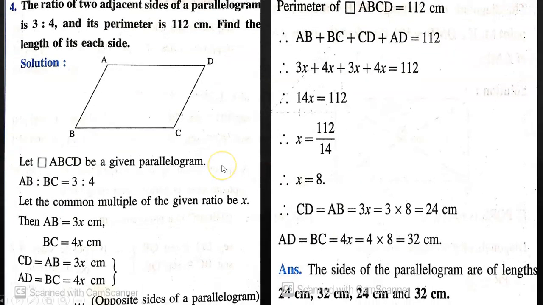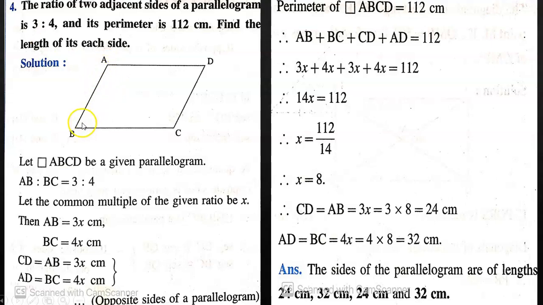Question number 4. The ratio of two adjacent sides of a parallelogram is 3 is to 4 and its perimeter is 112 centimeters. Find the length of each side. So this is a parallelogram. Let ABCD be the given parallelogram. Ratio of adjacent sides.